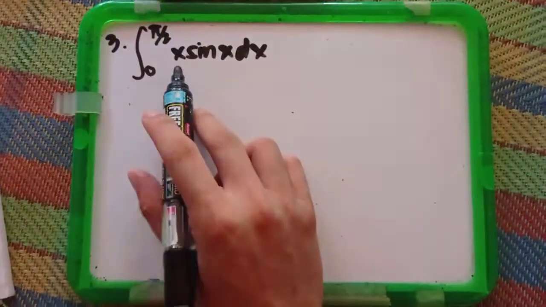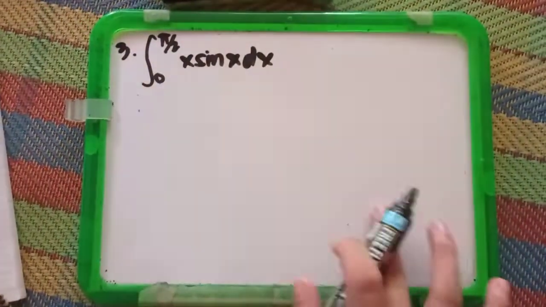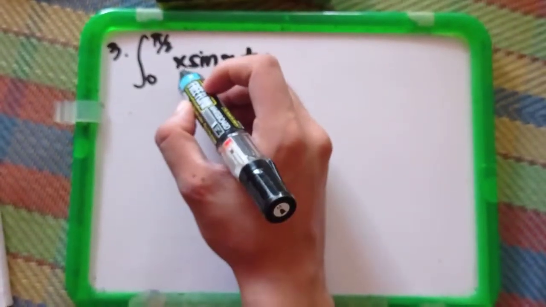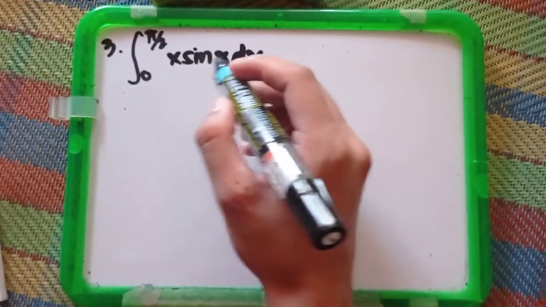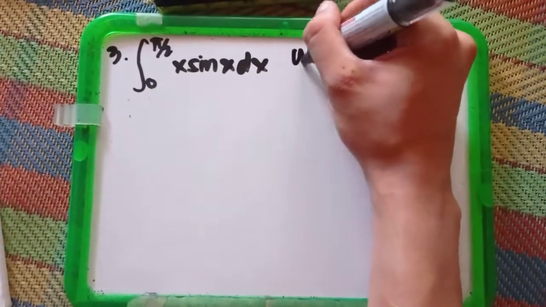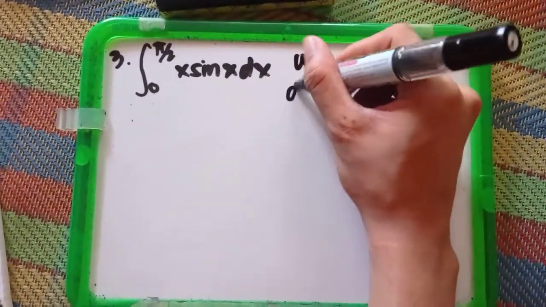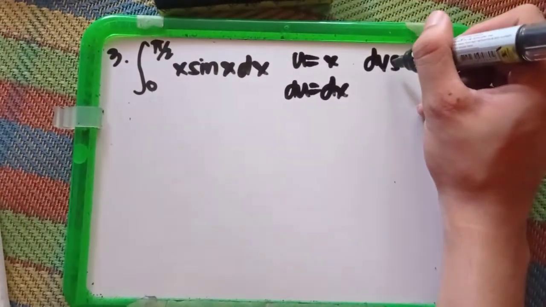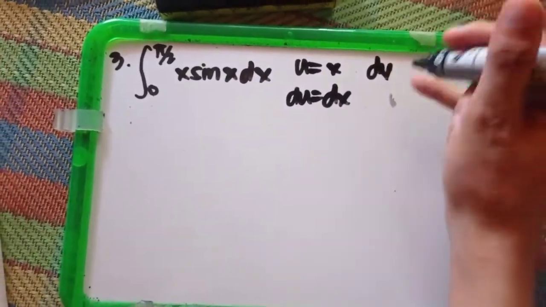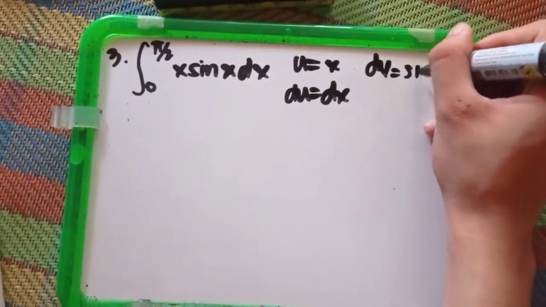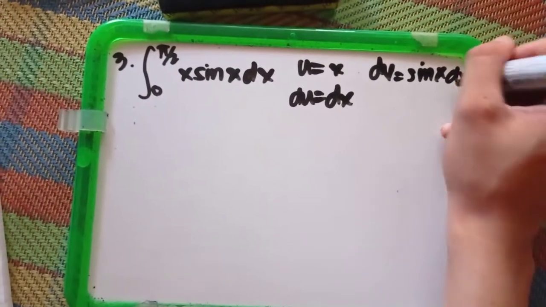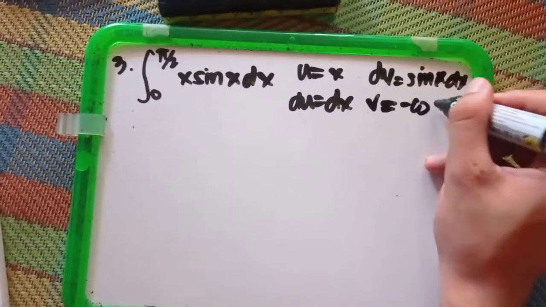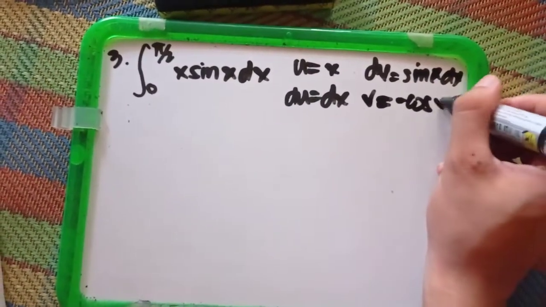From the ILATE, algebra comes first before the trigonometry. So our u will be x and du will be dx, and our dv is sine x dx, or simply our v is negative cosine x.